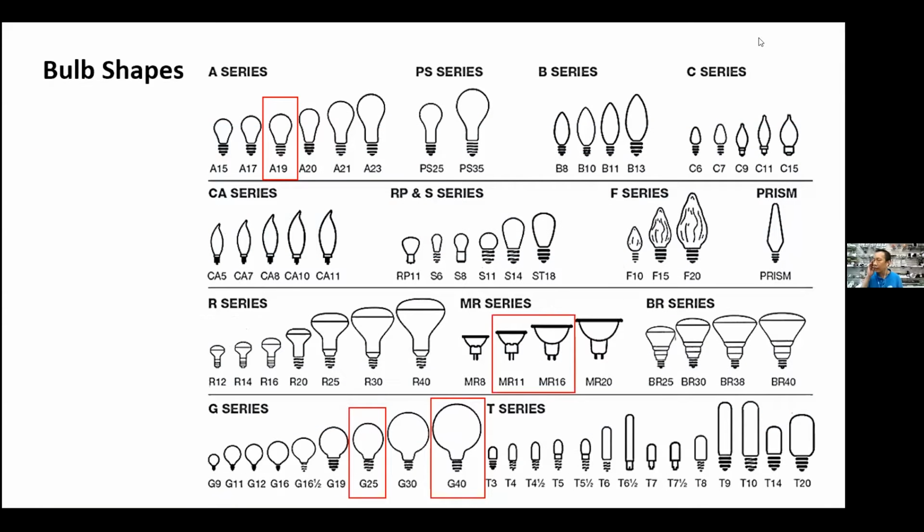Okay, bulb shapes, no? Siguro alam niyo na naman ang ilan dito, although I have a sample. So there are a lot of bulb shapes. Yung sa A series, medyo malayo dito, pero I know you're familiar with this.